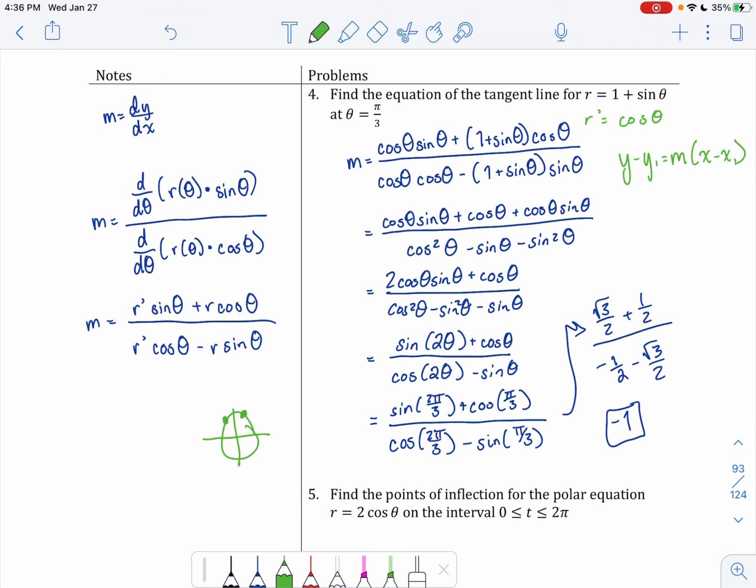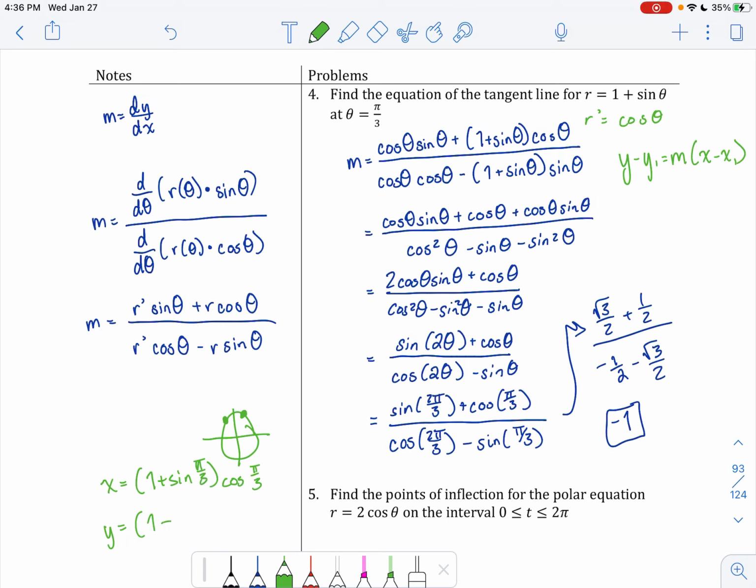So our x value is equal to 1 plus sine of pi over 3 times cosine pi over 3.